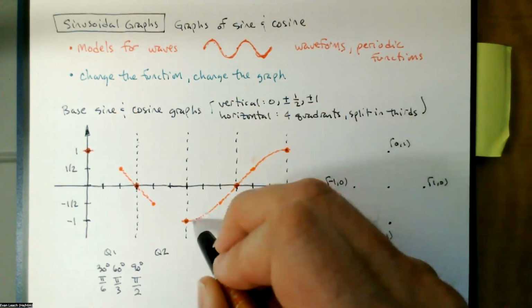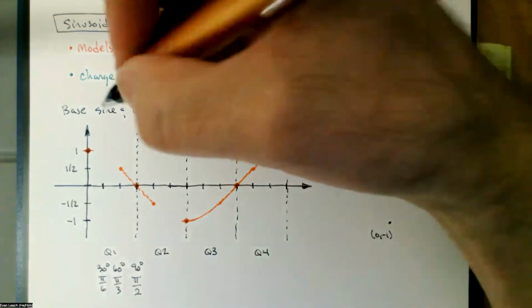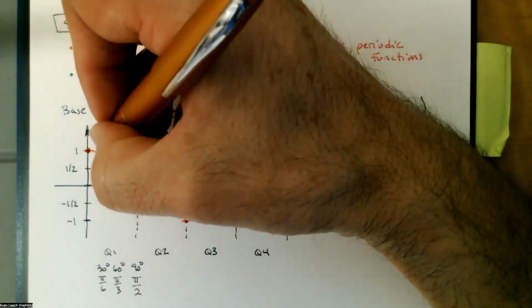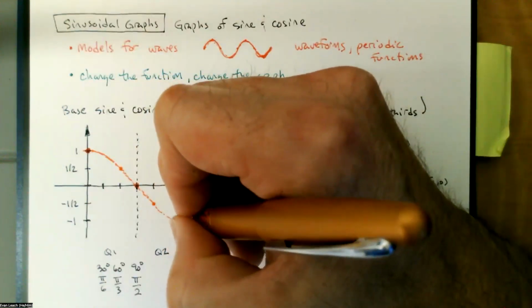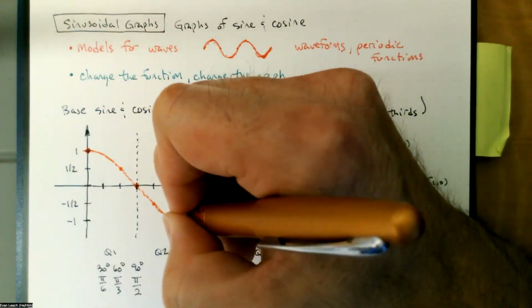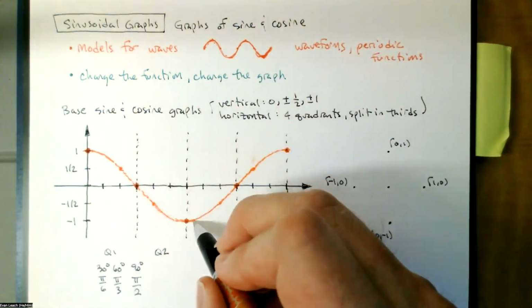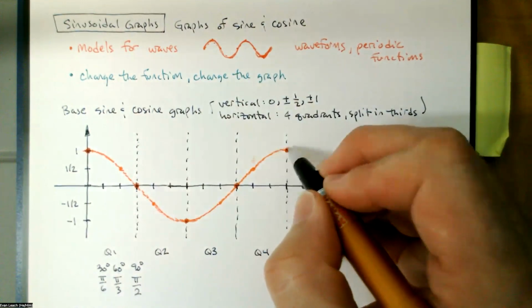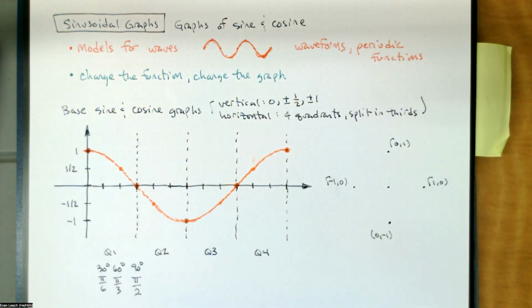And we give it a little bit of bend. So there's our graph of cosine.